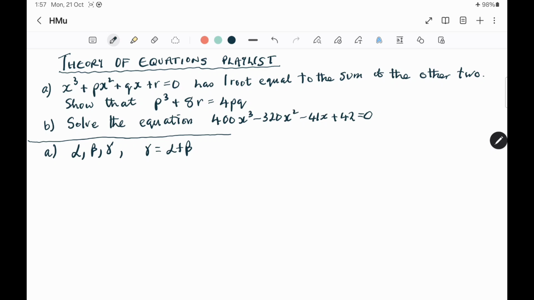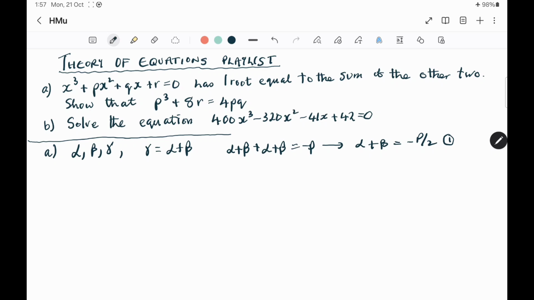So now what we will have is alpha plus beta, that's two of them, plus the third root, which is also alpha plus beta, has to equal minus p, which means that alpha plus beta is equal to minus p over 2. We'll call that equation number 1.